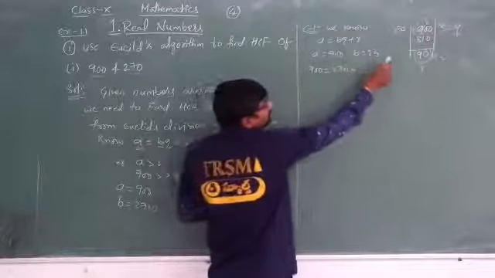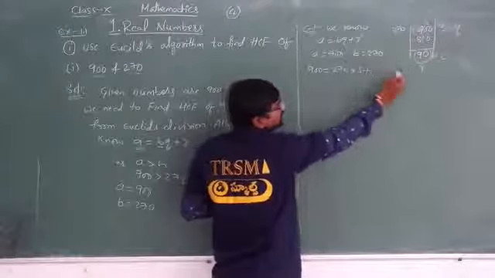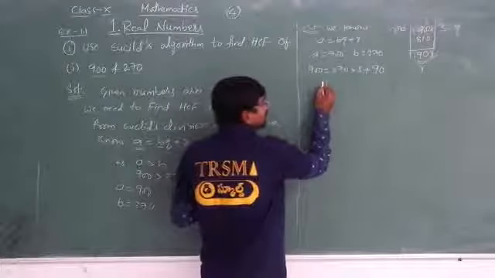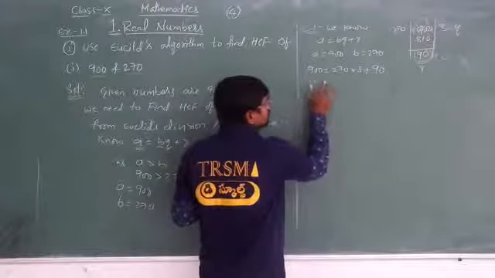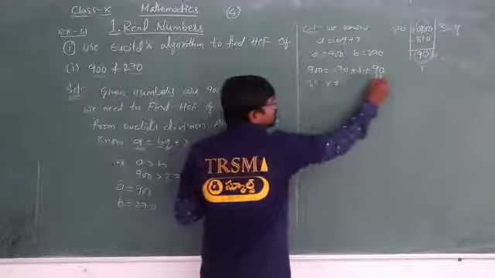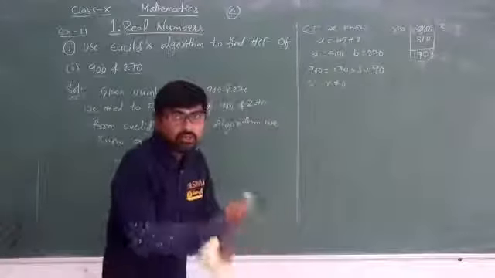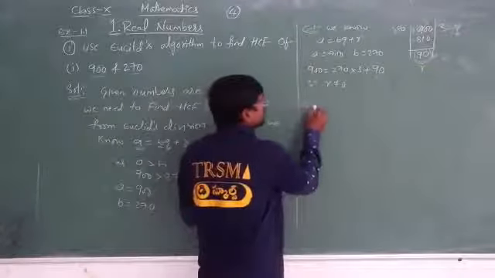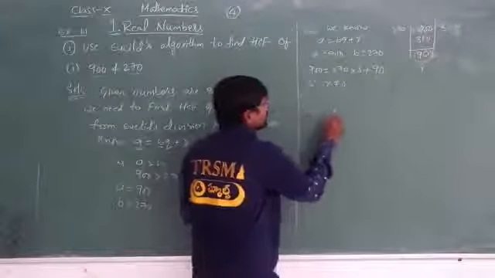So the coefficient is 3 plus the remainder will be 90. Therefore, since R is not equal to 0, again we have to continue to the next step. So now we have to do case number 2.